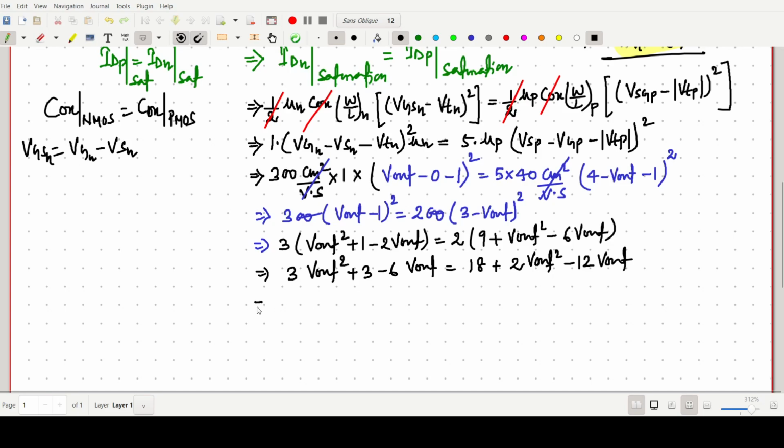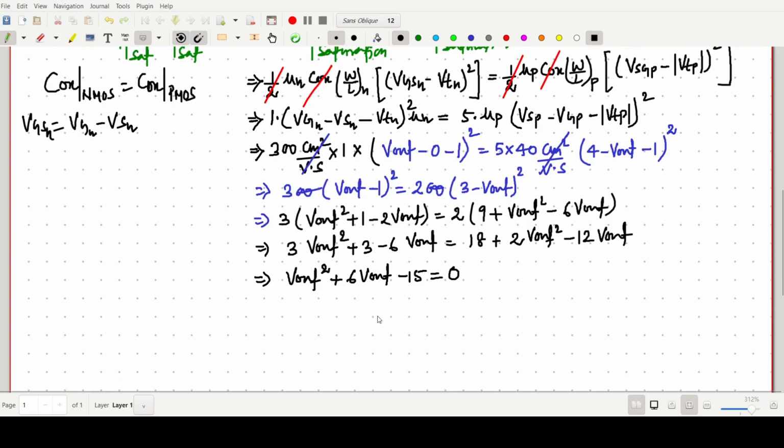Okay, now just put the right hand side in the left hand side, so we can directly write V output square, then it should be plus 6V out. Okay, then 3 minus 18, so it should be minus 15. V output square plus 6V out minus 15.